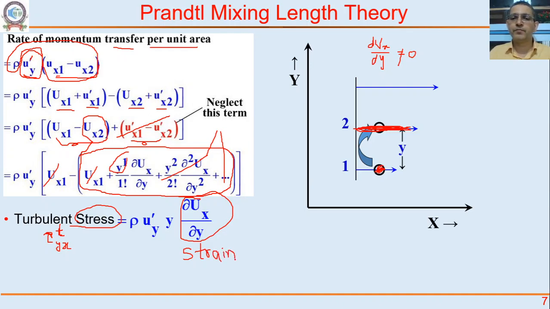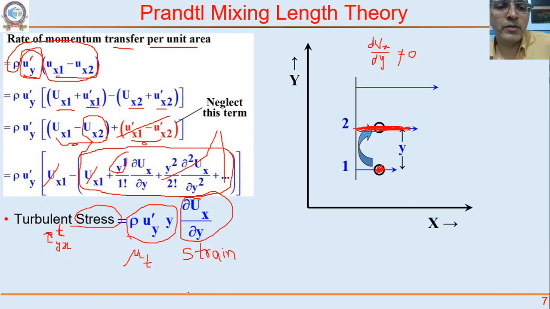So this now is our stress strain relationship, constitutive equation. This is our viscosity, but it is viscosity not arising out of molecular motion. It is viscosity arising out of eddies. We call this turbulent viscosity.